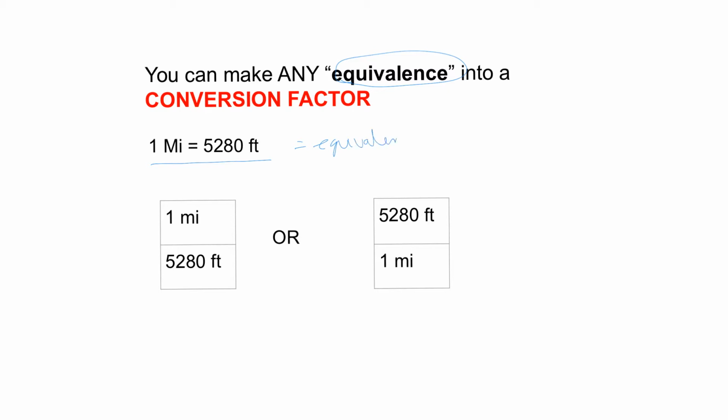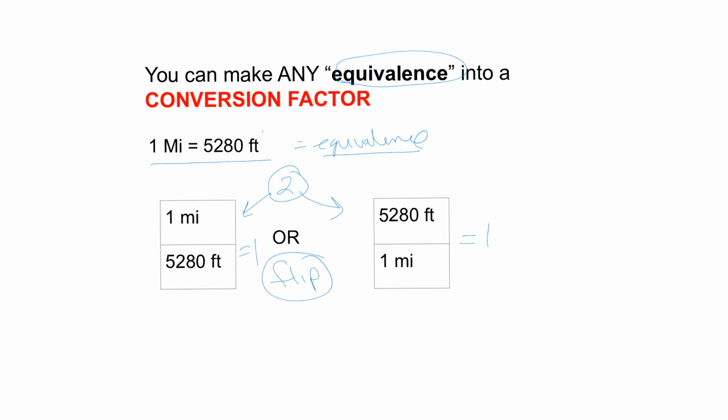And from that equivalence, I can make 2 conversion factors. I can put 1 mile on the top and 5,280 feet on the bottom, or I can put 5,280 feet on the top and 1 mile on the bottom. It doesn't matter. I can flip these conversion factors, but they're both equal to 1.